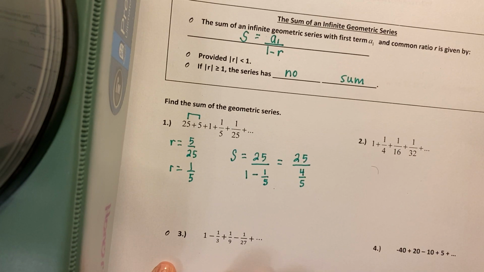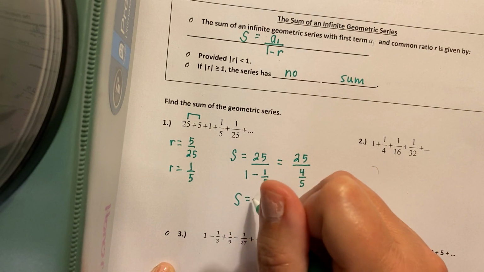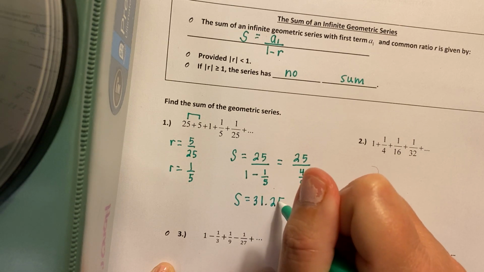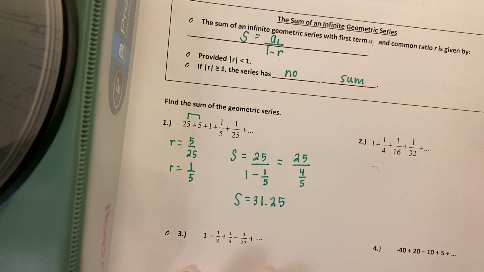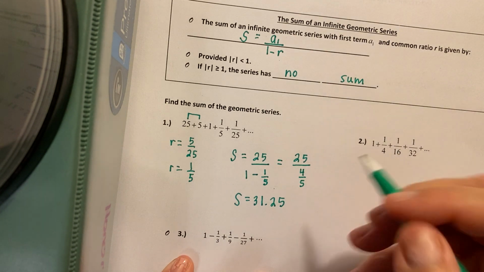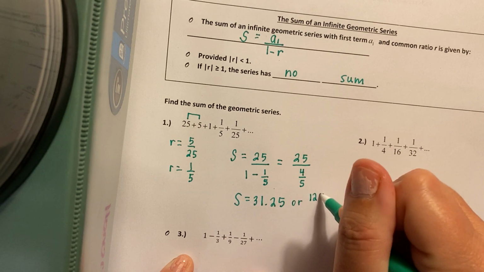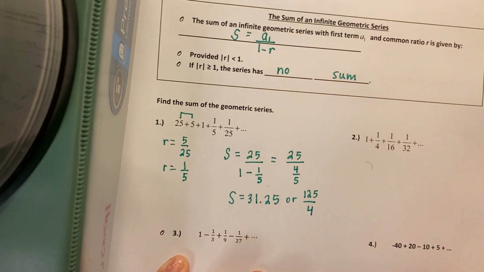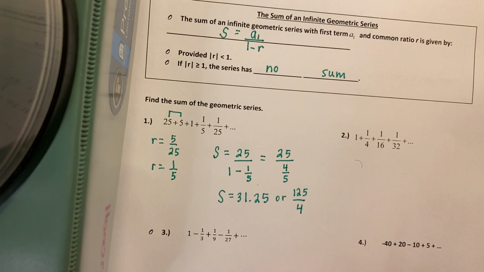However you want to think about that, I'm getting 31.25, or if you did it in a calculator that was good with fractions, you could have 125 over 4. So whichever one of these answers you come up with will be perfectly fine.